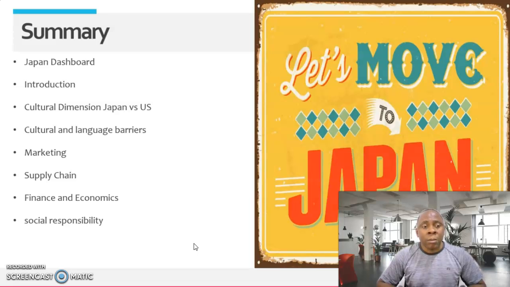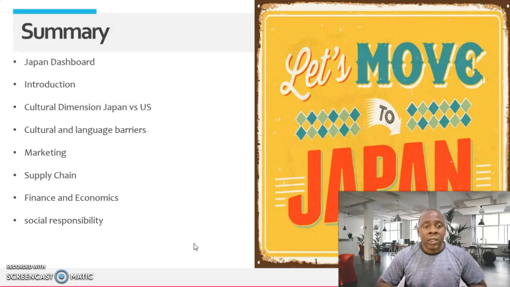We have looked at the marketing and the supply chain, which actually can suffer from a lack of personnel because of the aging workforce in Japan.